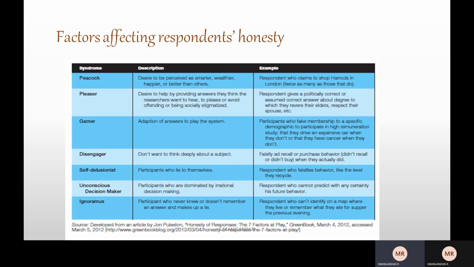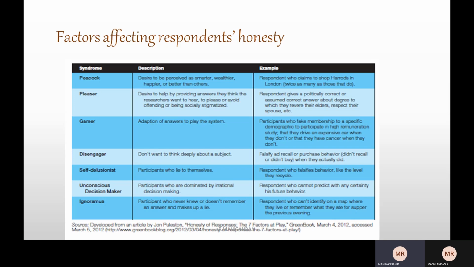And the syndrome, the peacock: the desire to be perceived as smarter, wealthier, happier, or better than others. For example, a respondent who claims to shop at Harrods in London twice as many times as those who do. So this is the example. Based on this, the syndrome, description and example, these are factors affecting the respondent's honesty.